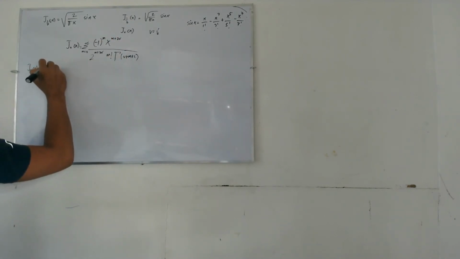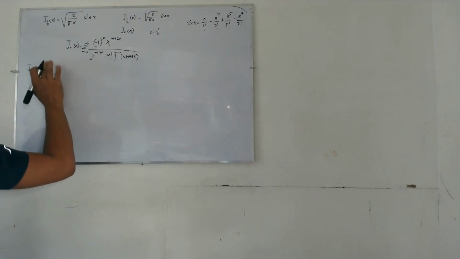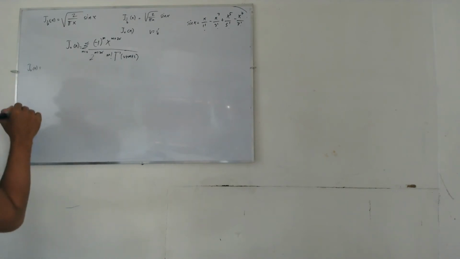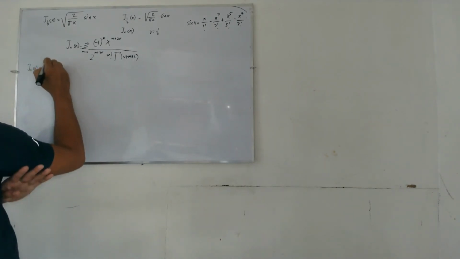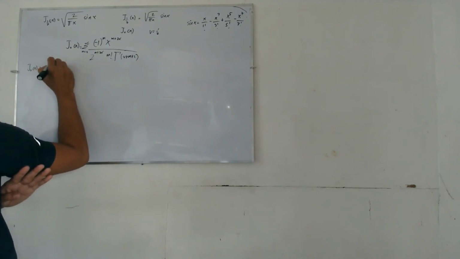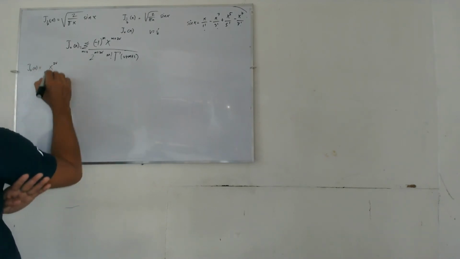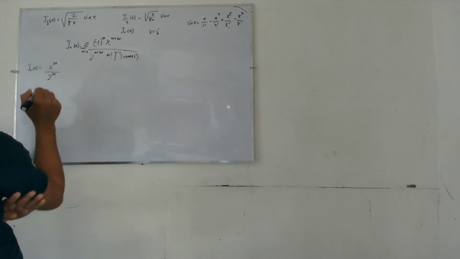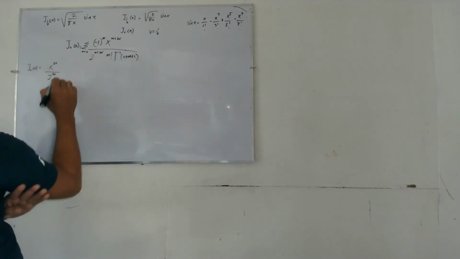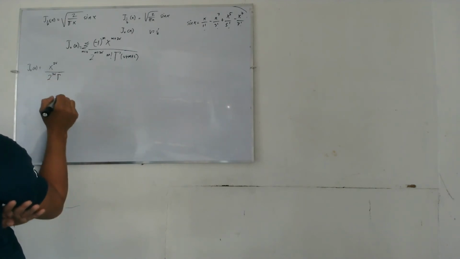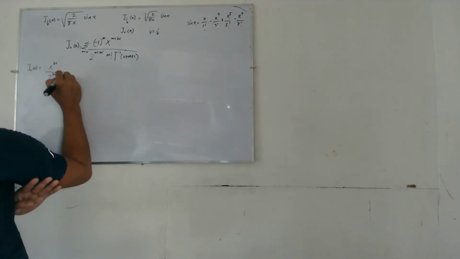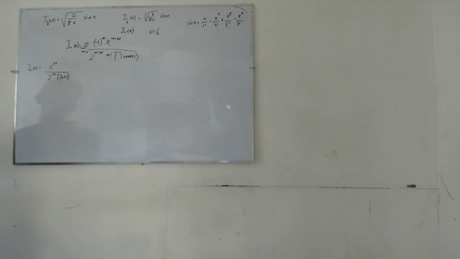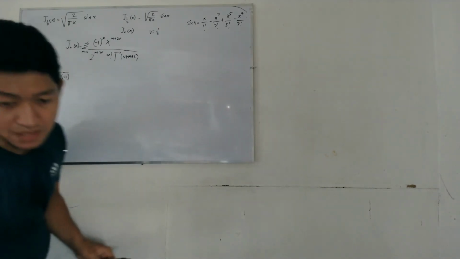Mahimo ning negative 1 to the 0 ay 1 and then x to the 2v over 2 to the 2v gamma of b plus 1 gamma of b plus 1. 2v ba? Tama ba ng 2v?